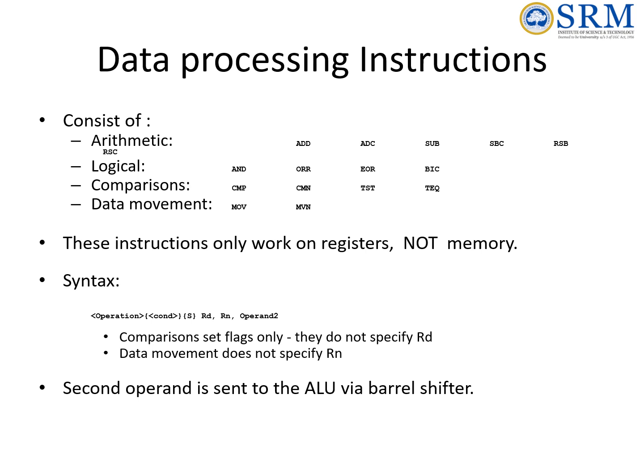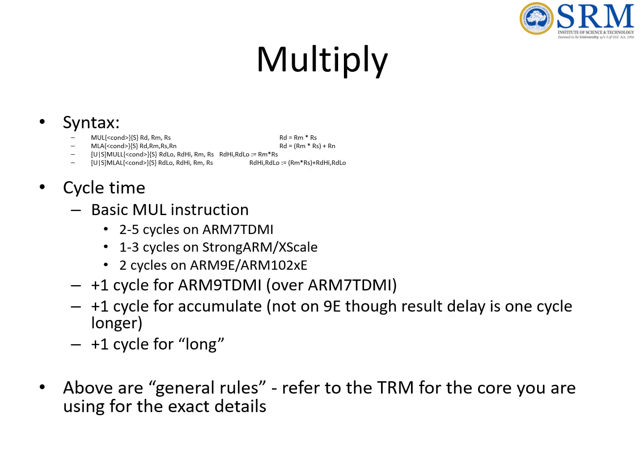These instructions only work on registers, not memory. So for multiply, MUL, MLA, UMULL, and so on. Basic multiply instruction takes 2 to 5 cycles, 1 to 3 cycles on StrongARM, and 2 cycles on ARM9. Above are general rules, refer to the TRM for correct timings.